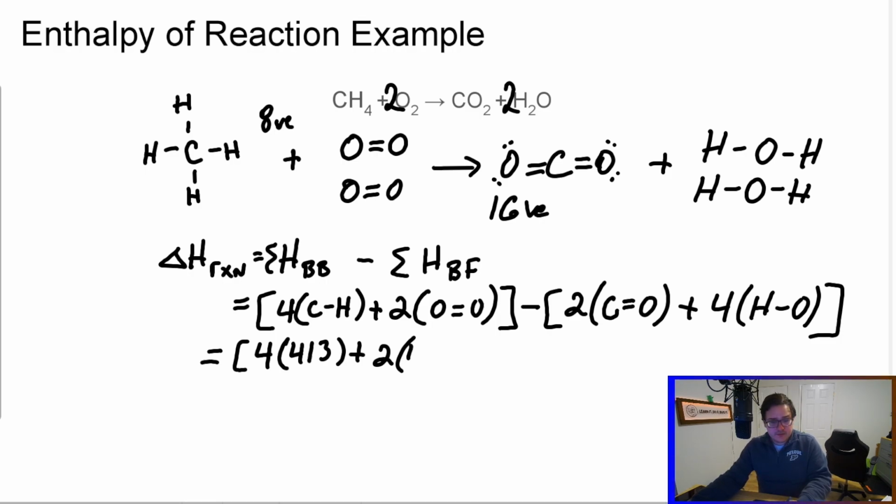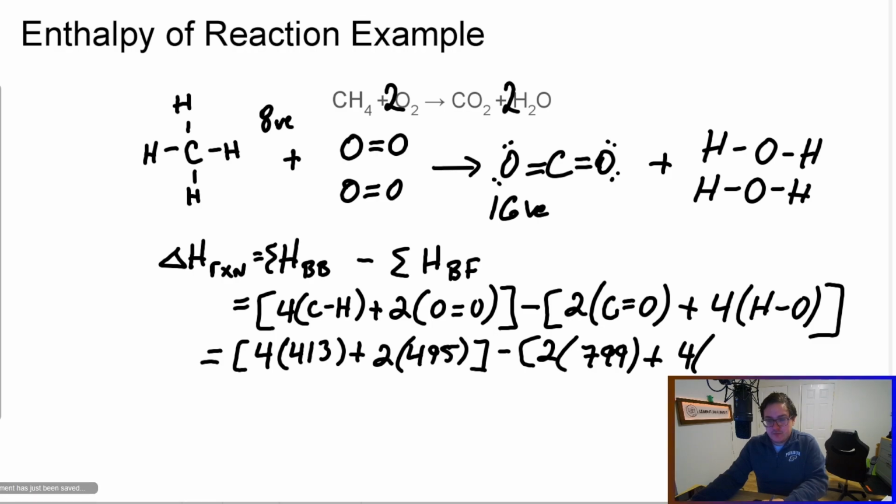I'm just pulling these numbers from the data table. 2 times C oxygen double bond. That's going to be 799, plus 4 oxygen hydrogen bonds is 463.